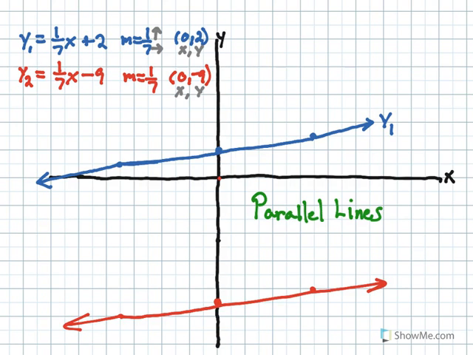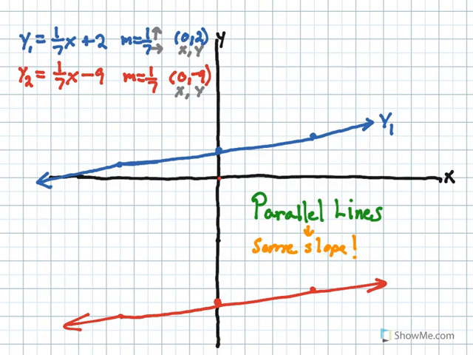And what that means is that they have the same slope. The first equation had a slope of 1 over 7, and the second equation had a slope of 1 over 7. So that means these lines are never touching each other. They're parallel. Oops, did I erase the same slope? Sorry about that. Same slope.